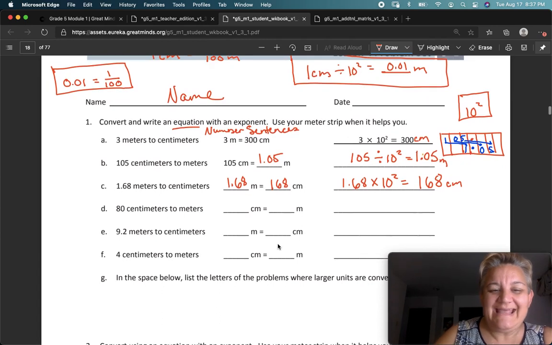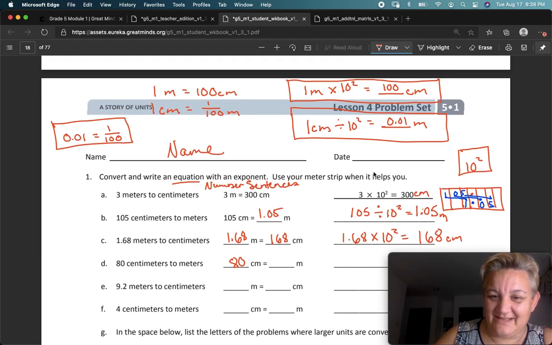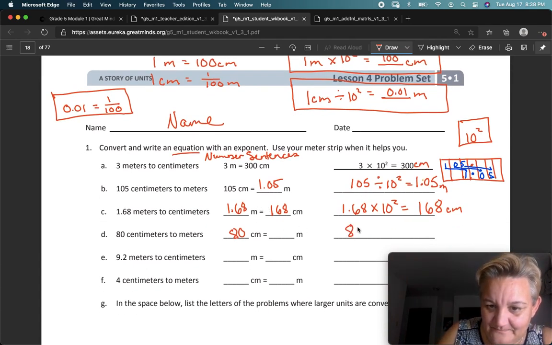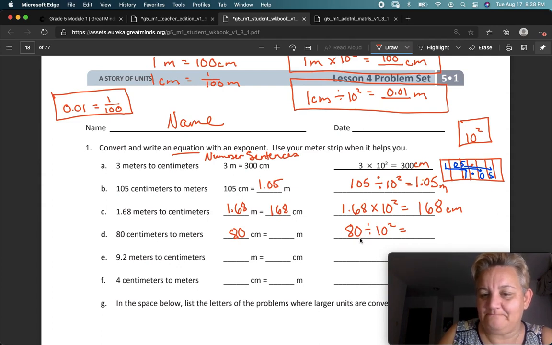80 centimeters to meters. So centimeters to meters, that means that I'm dividing by 10 squared. So I've got 80 divided by 10 squared equals, okay, so divide by, that means what? What direction, right?